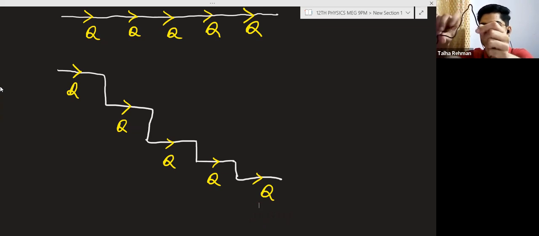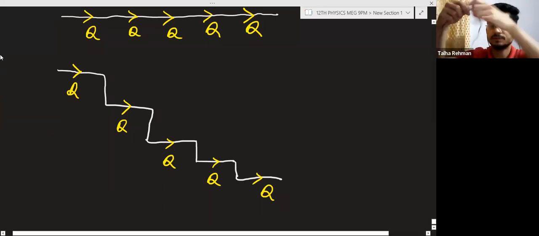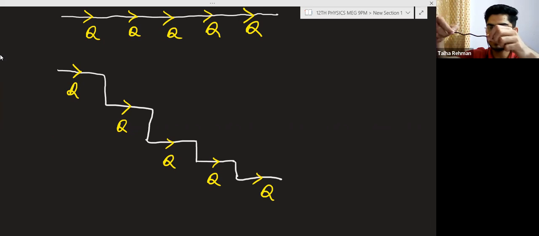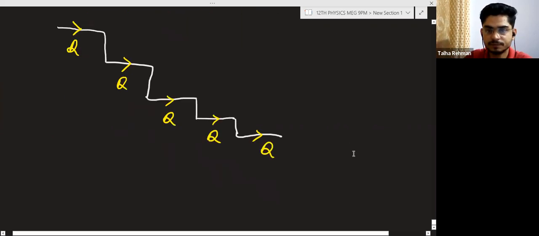So in the whole wire, the flow of charge will remain the same. But what if I connect this wire to some other wire? Then from this point the charge will be divided.